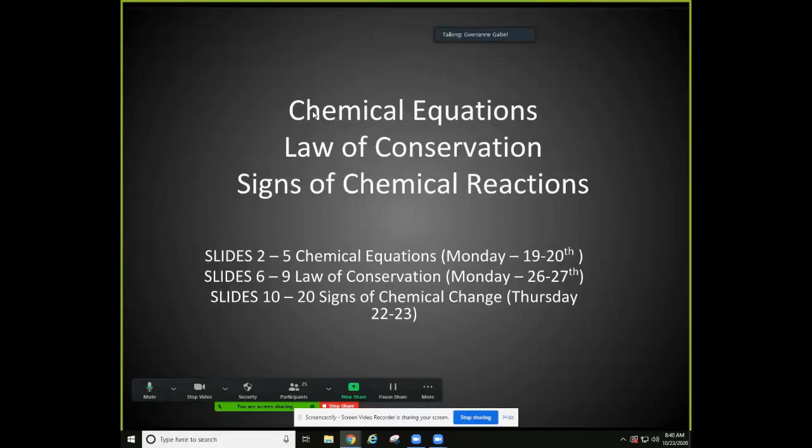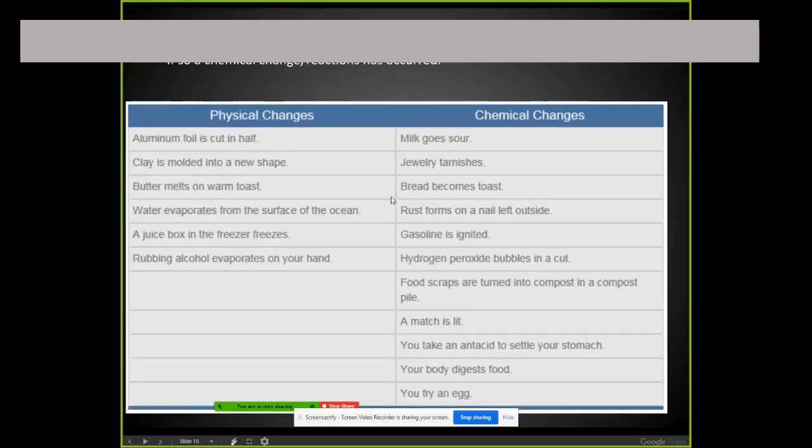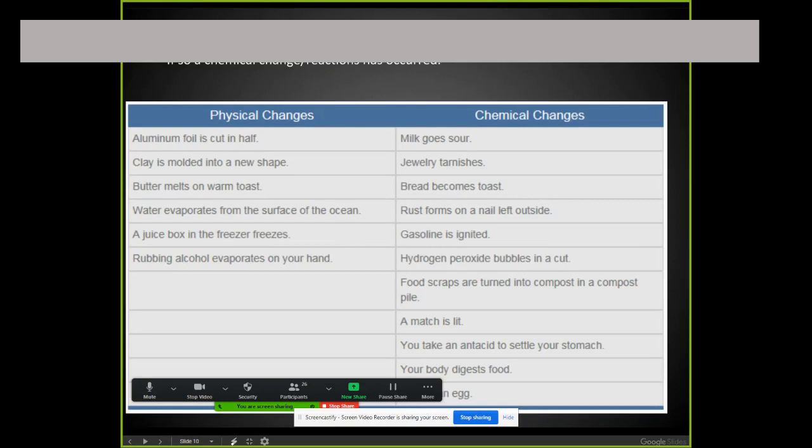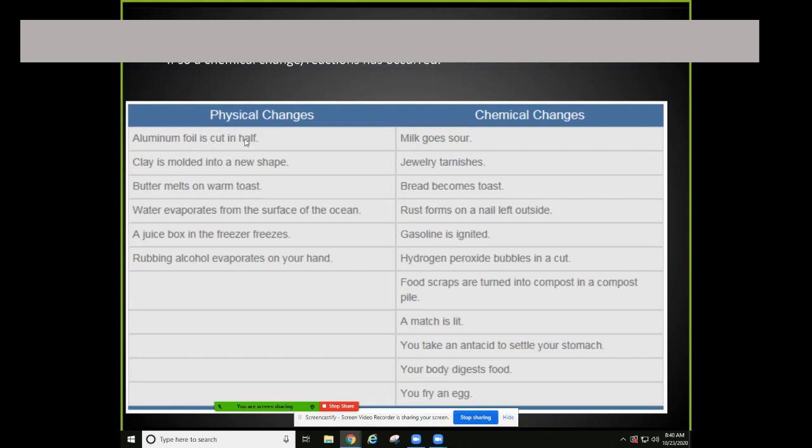Okay, so we've been talking about chemical equations, the law of conservation, and now we're going to talk about signs of chemical reactions. So here are some examples. And a good rule of thumb when you're trying to determine if something has gone through a physical change or a chemical change is, has something new been created or destroyed?